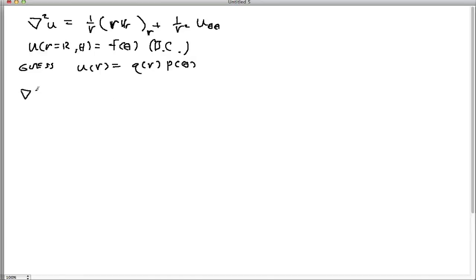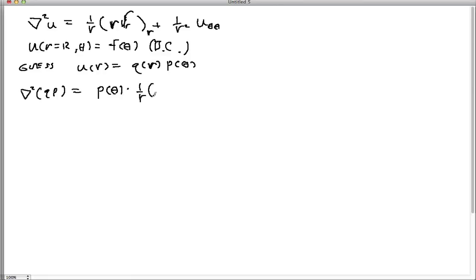So the Laplacian of QP, where Q is our function of r and P is our function of theta. If we put u right in there, the P will pass right through all those derivatives in r.